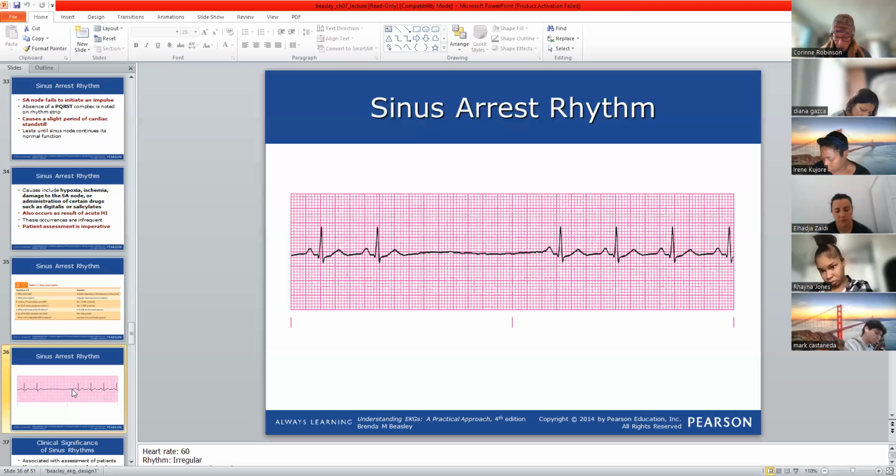So as you see here, we call it sinus arrest rhythm. Why do we call it sinus? All of these belong to the sinus rhythm, but here I don't have what? The whole cardiac cycle is not there. Again, what is the cardiac cycle?